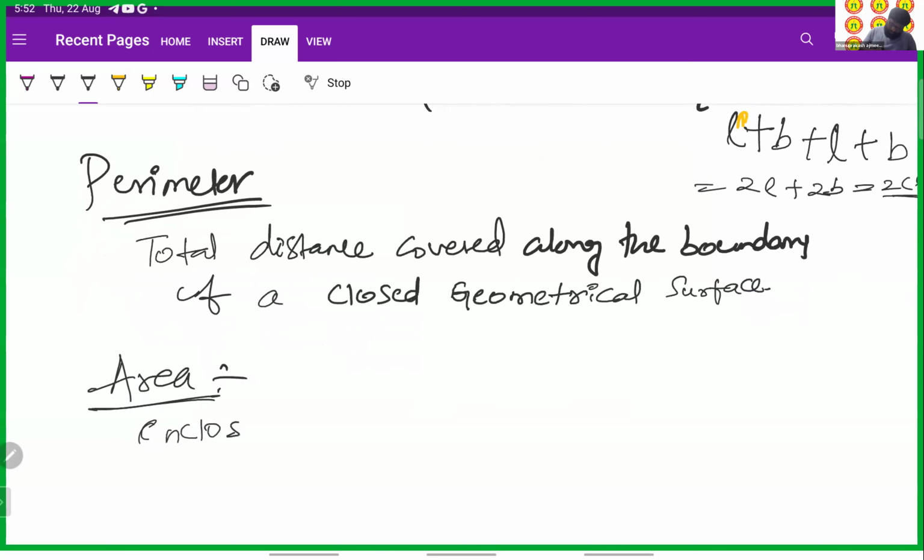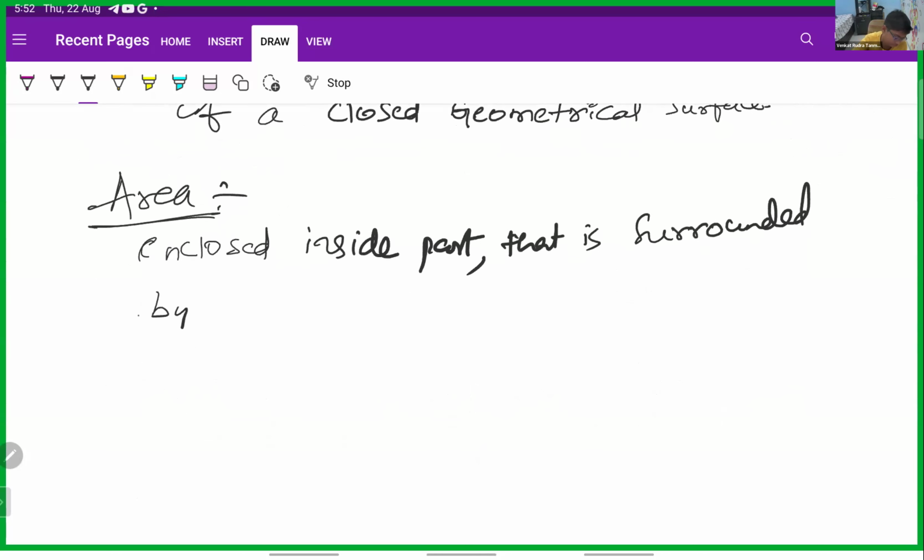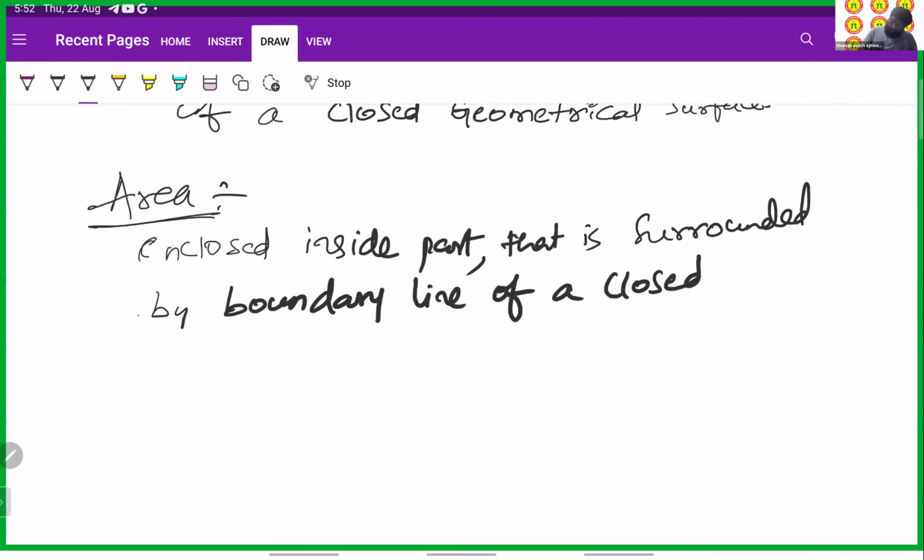The enclosed inside part that is surrounded by the boundary line of a closed geometrical surface is called area.